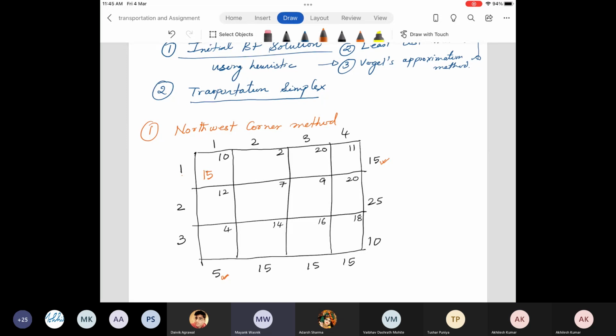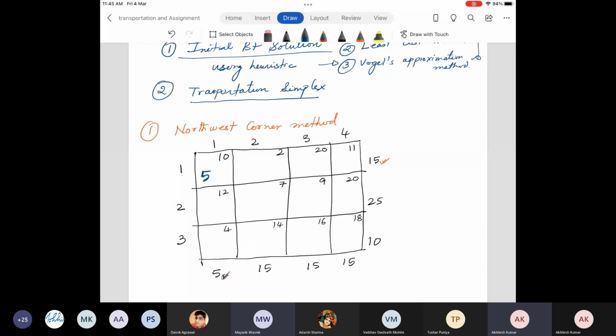No, sir. How much should you put? 5. Very good. So we will allocate 5 here. Although from warehouse 1 I can supply 15, demand for this market is only 5. So I will only allocate 5 here.